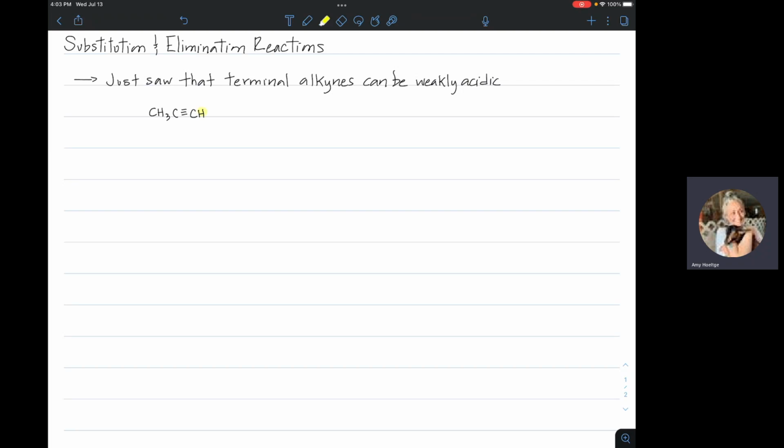So when we were doing alkenes and alkynes, if you were to hit this hydrogen with a pretty strong base, so sodium amide, which is a source of NH2 minus, you would take that hydrogen off of the alkyne, and then it would form a carbanion that could then attack something like this.